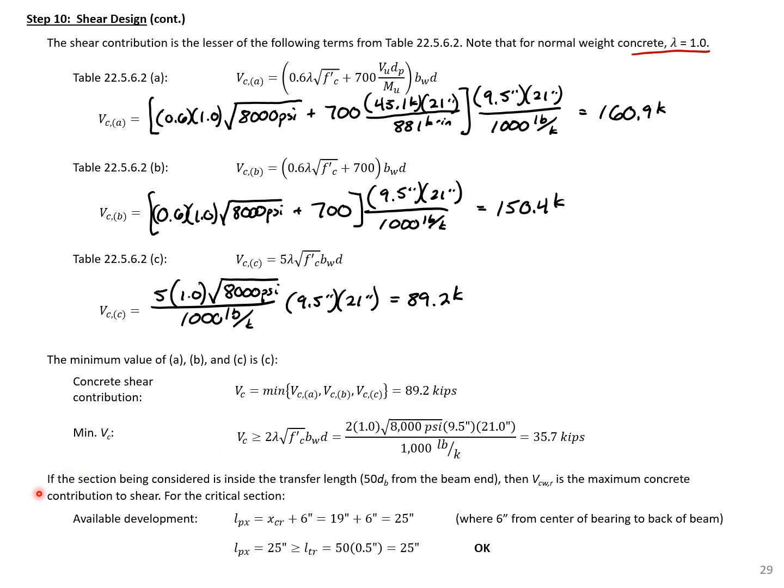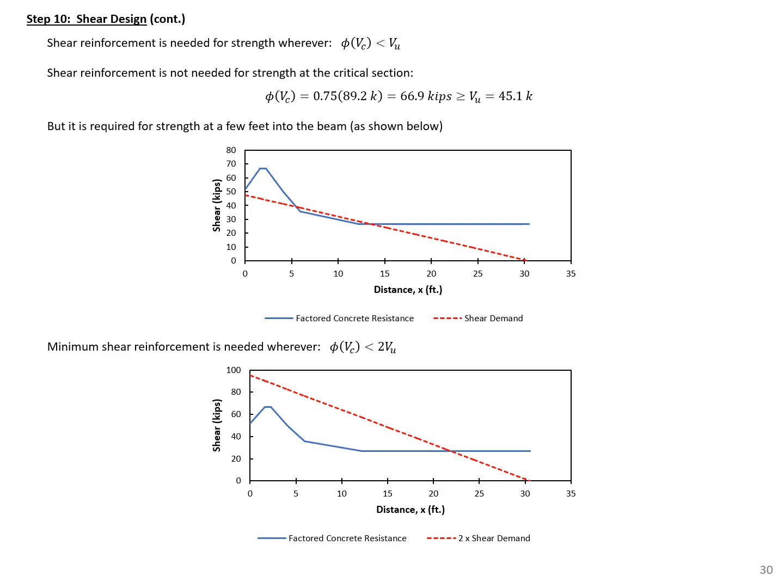We need to check to see if we can develop our strands at this point. If we can't develop our strands, then we need to reduce this V_c. But we can see that our available development length is equal to our required development length, so we're okay here. We will need to design for shear reinforcement wherever phi times V_c is less than V_u.